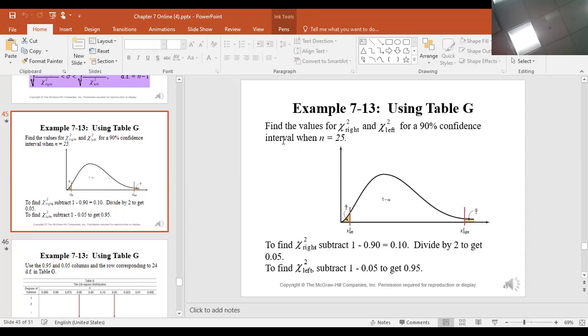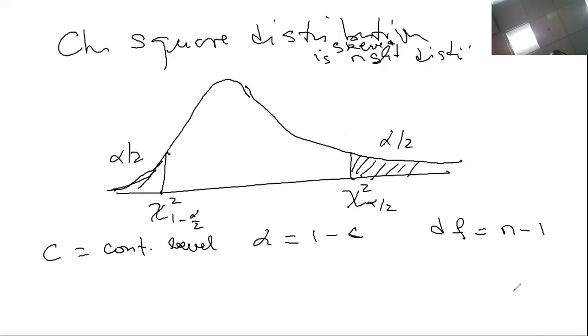This is 0.9. What is alpha? 1 minus C. N equals 25. We need chi-square left and chi-square right. I'm writing here because you might want to come back to view. I always put this when I record it on Canvas. So we are saying here that C equals 0.9, alpha equals 0.1, N equals 25.